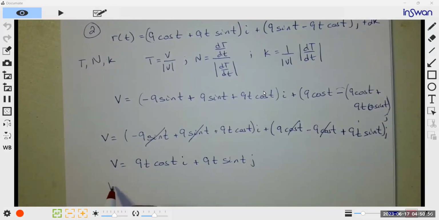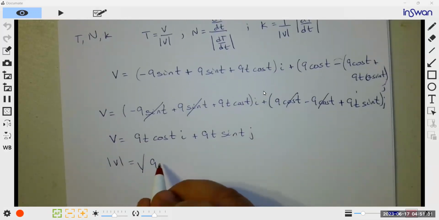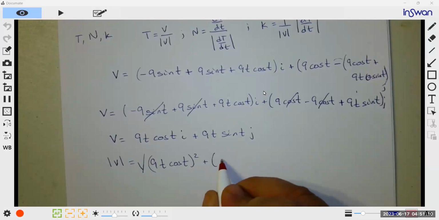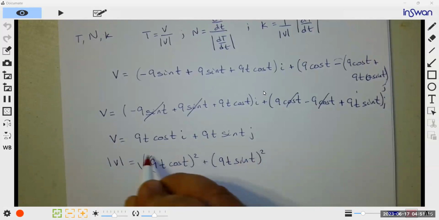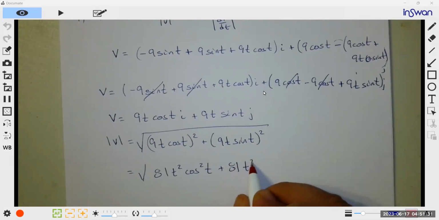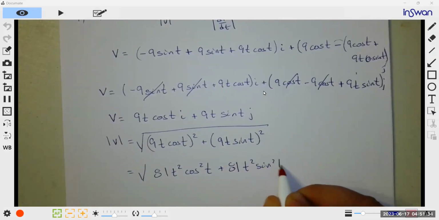Now I've got to find the magnitude. Square root of (9t cosine t) squared plus (9t sine t) squared, which is 81 t squared cosine squared t plus 81 t squared sine squared t.